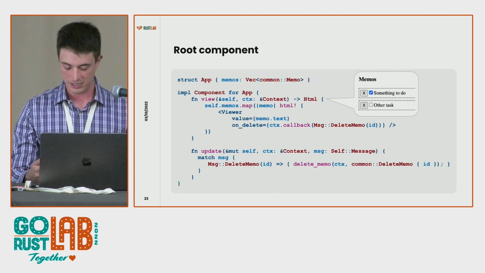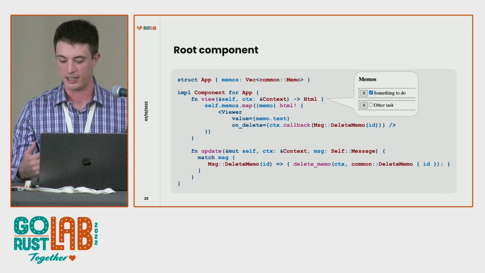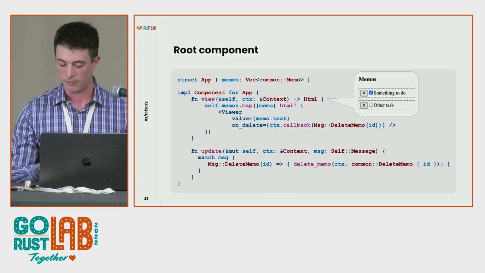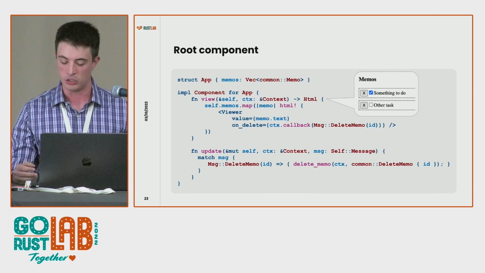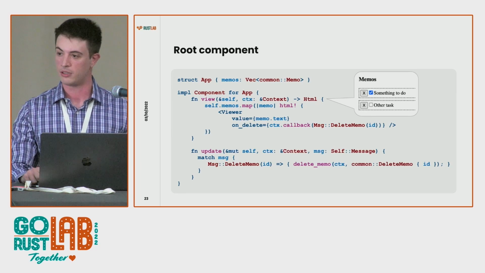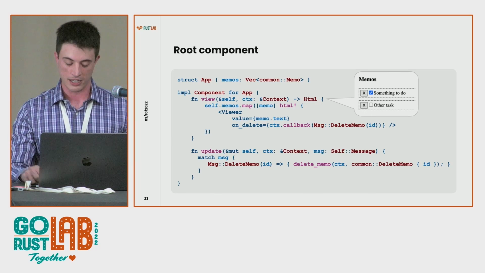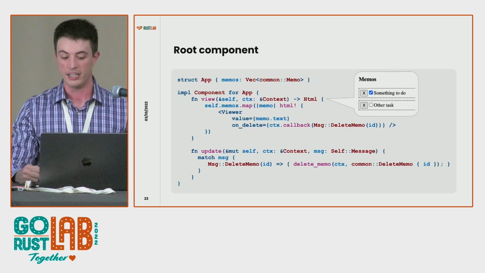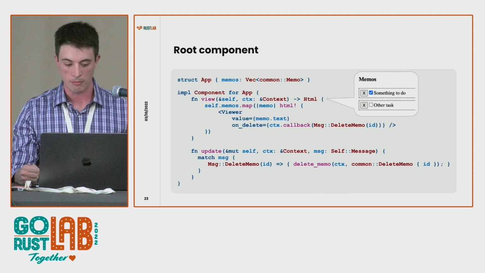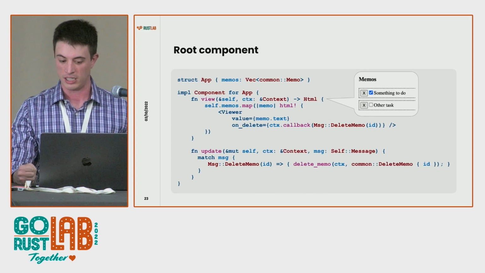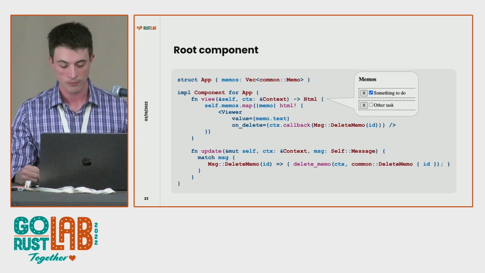In this case, the root component is essentially going to have a box where we can input the new memo, which is not displayed here in the bubble, but it also displays all the memos that are actually there. What we do here in the code is take the list of memos that we have and map each of those into HTML using the html macro from Yew.